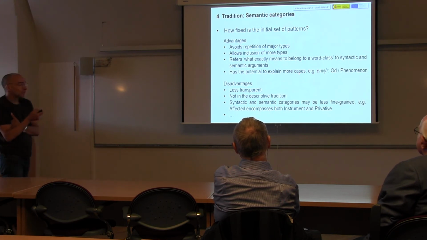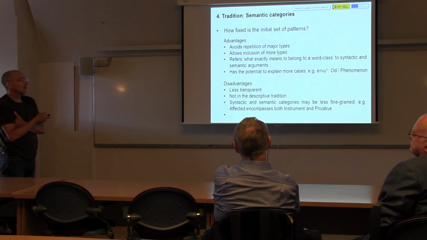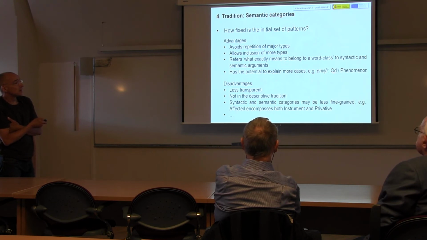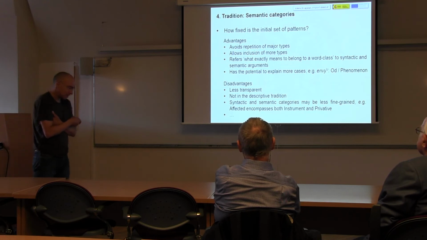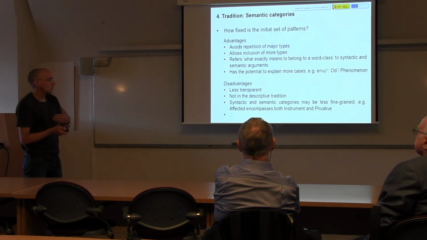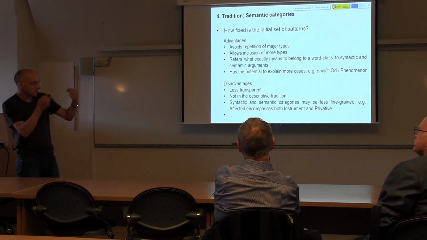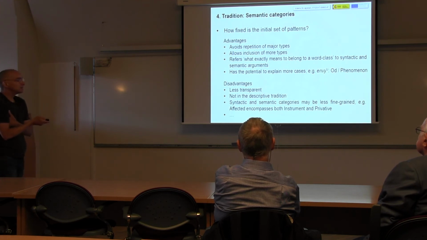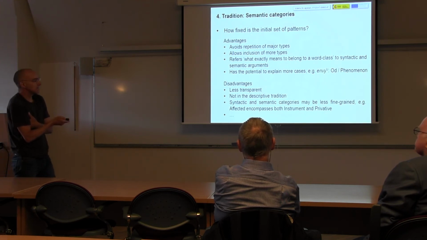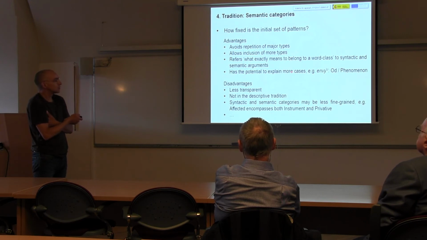For example, the cases that I listed at the beginning and I didn't know how to classify. The example of envy. In the case of envy, I think this is just a direct object phenomenon, as in relational processes where the subject experiences a phenomenon, whether mentally or physically. So it has the potential to explain more cases.